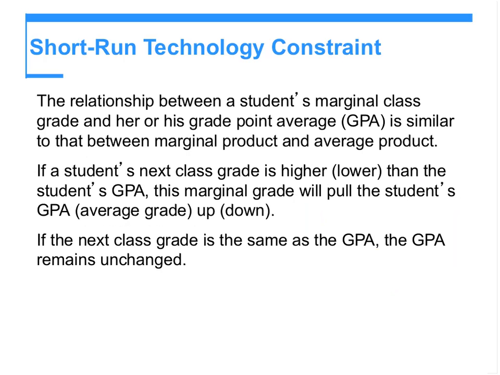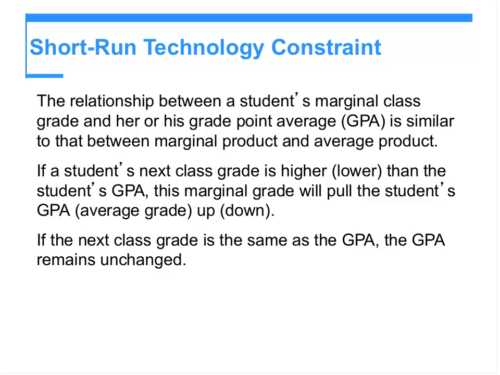So the relationship between a student's marginal class grade and her or his grade point average (GPA) is similar to that between marginal product and average product. If a student's next class grade is higher than the student's GPA, as you can see, we want to look at this marginal product and average product and the relationship between that and student marks.